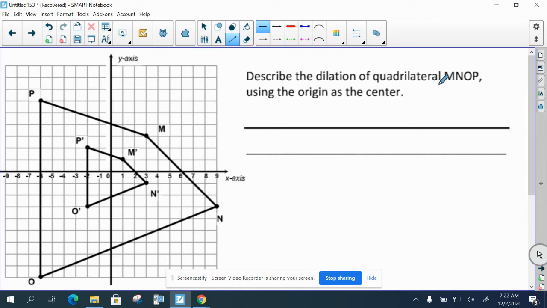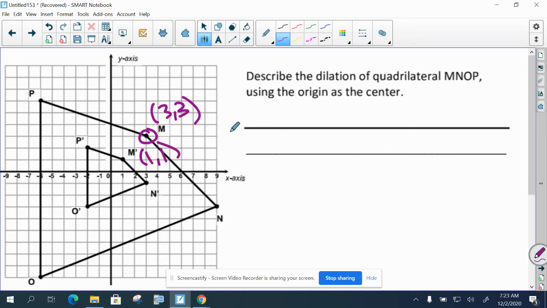Describe the dilation of quadrilateral MNOP using the origin as the center. So one thing you can do here, you can figure out any of the points, or if there's a side length that's easy to figure out that is horizontal or vertical, you can count the sides. If not, then you would have to use the distance formula, but it would be easier to use the points. So I'll show it both ways. So here, if M is (3, 3) and M' is (1, 1), then your scale factor is going to be 1/3 because you'd have to multiply 3 by 1/3 to get 1.